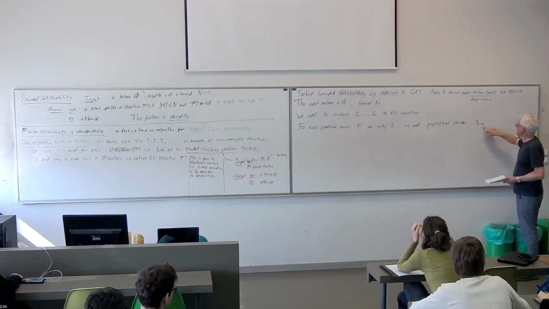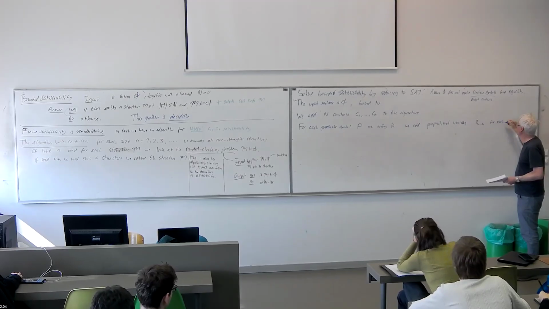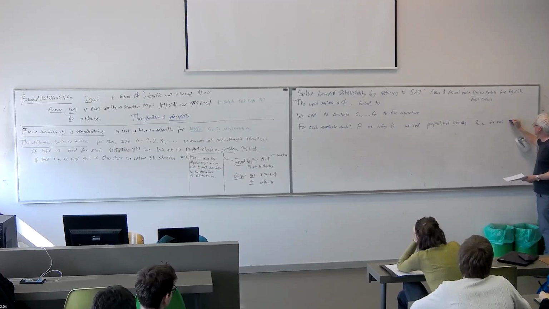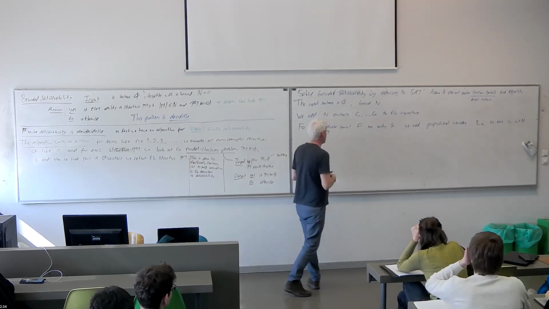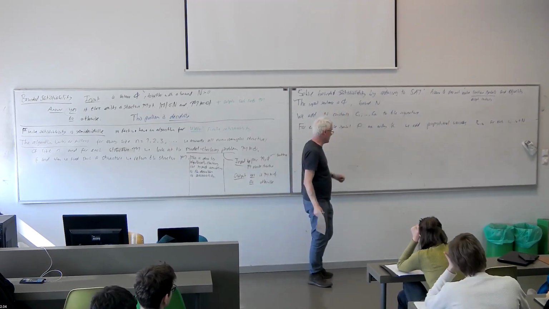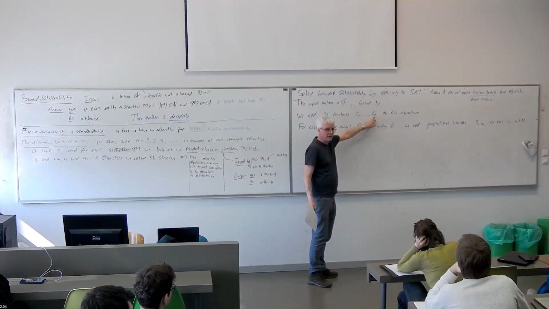So we add a propositional variable for each k-tuple i1 to ik in n. The idea is we're going to be looking at structures that have at most n elements. We'll name the elements C1 to Cn.